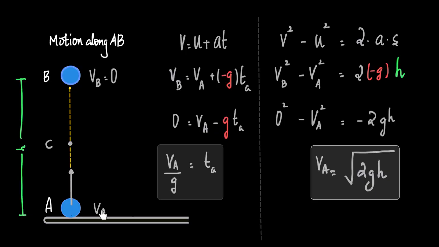It is projected from A, velocity is VA, it reaches its maximum height at B, and the velocity there is 0. But it is not explicitly stated in the question. Then how do we assume that it is 0?